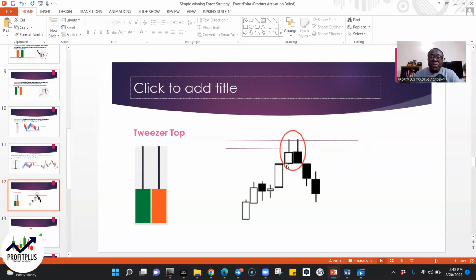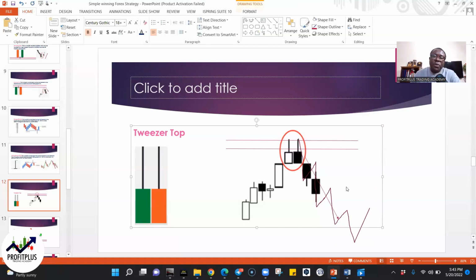You begin to get ready to take a trade using that same approach. 5 pips below the tweezer you can put your sell stop there, expecting the market to push downwards, and if it does what it is meant to do, price will move up, return here, come back and push back up, and then before you know it, it has hit your take profit 1:2.